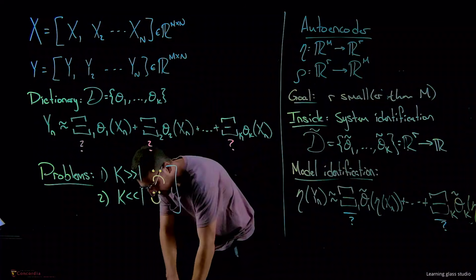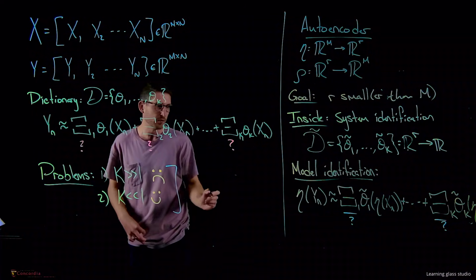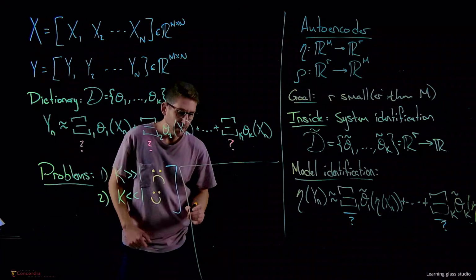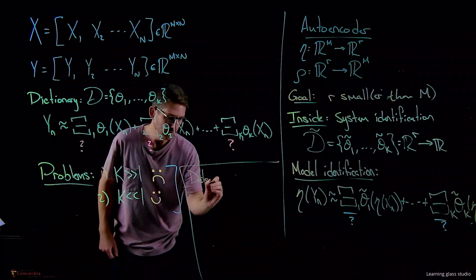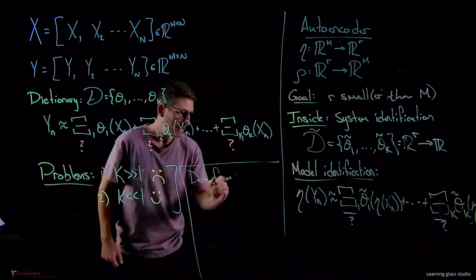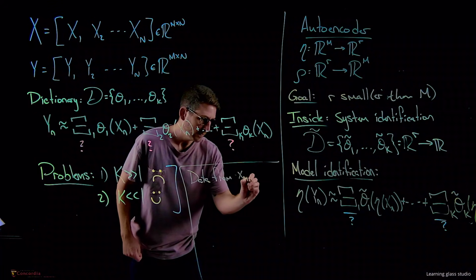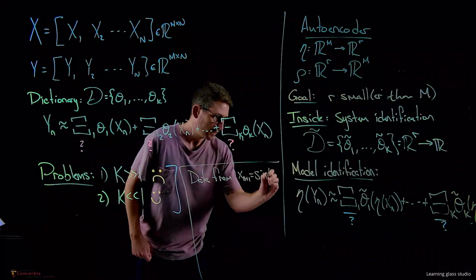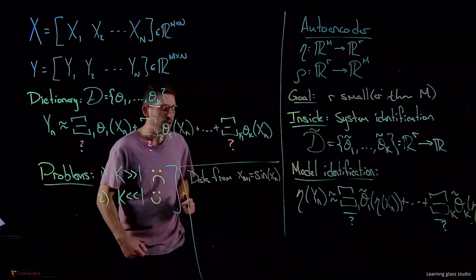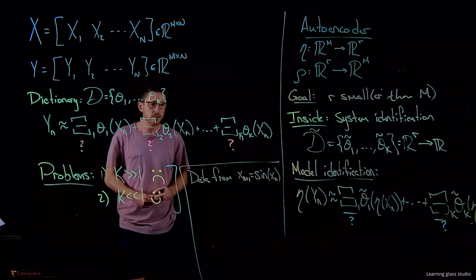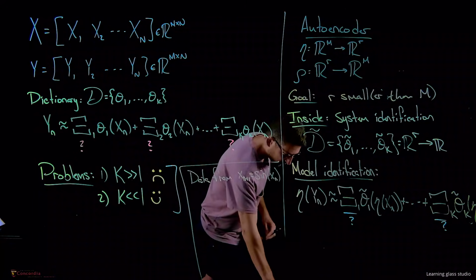Let me give you the simplest example of this, okay? Let's imagine you get data from this mapping: xn plus 1 is equal to sine of xn, right? We saw the sine mapping earlier. We saw that it's conjugate to the logistic map.